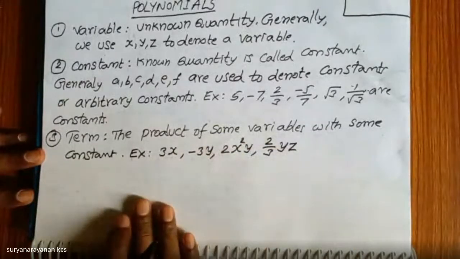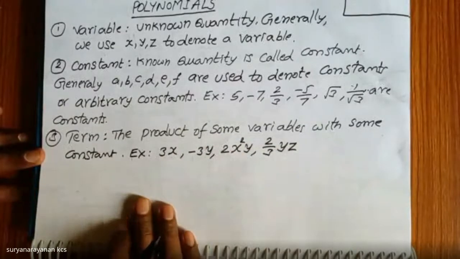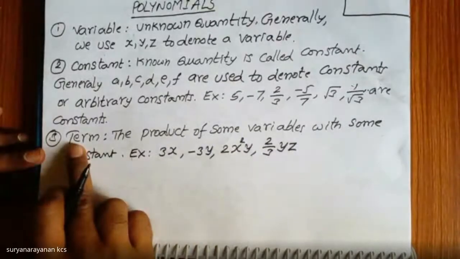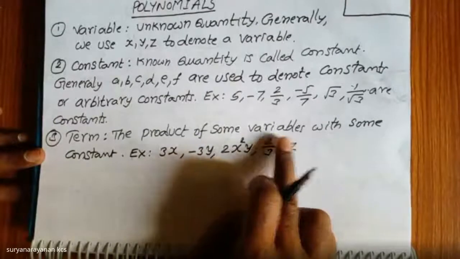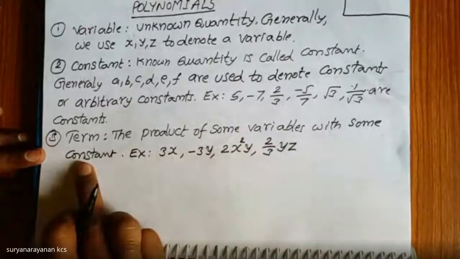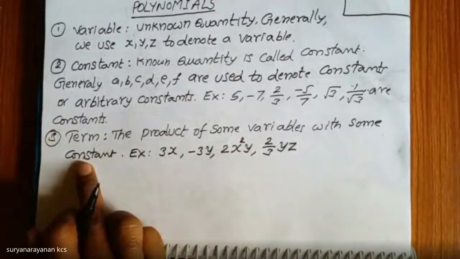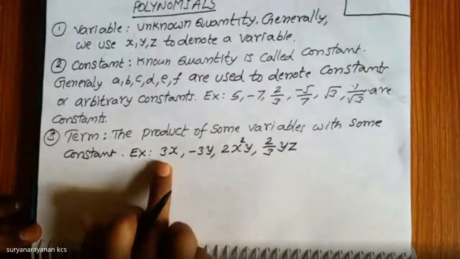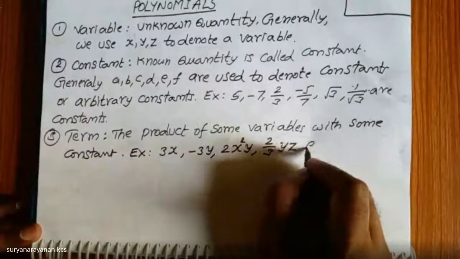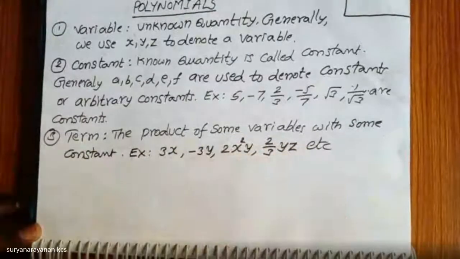See this example, my dear children. See these examples. First, see the definition of a term. The product of some variables with some constant is called a term. In this example, I have written 4 examples.